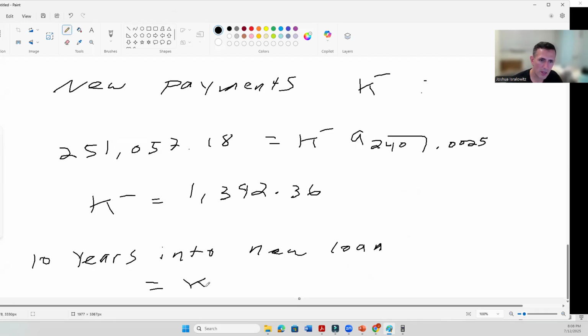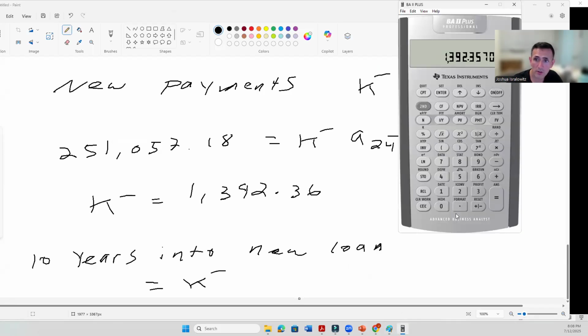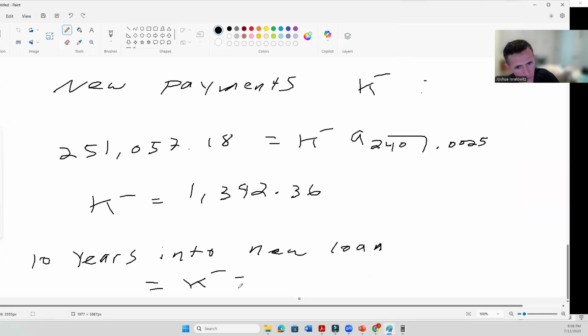All right, so K prime, and I believe I stored this in the 3 spot. I don't know exactly what I'll need for the other two, but no harm in storing it. K prime A. So this is a 240-month loan, looking 10 years into it.